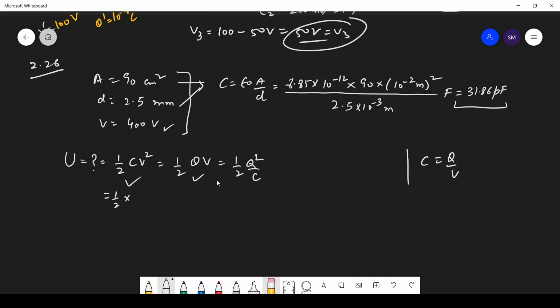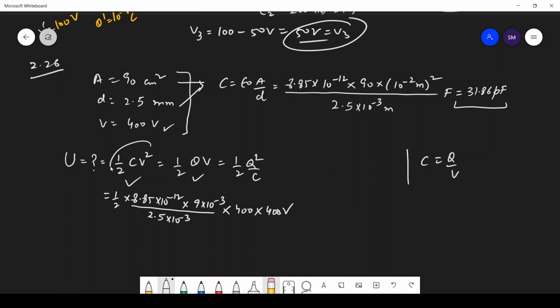So 8.85 into 10 to the minus 12, into 9 into 10 to the minus 3, divided by 2.5 into 10 to the minus 3, multiplied by V, that is 400 volt into 400 volt.